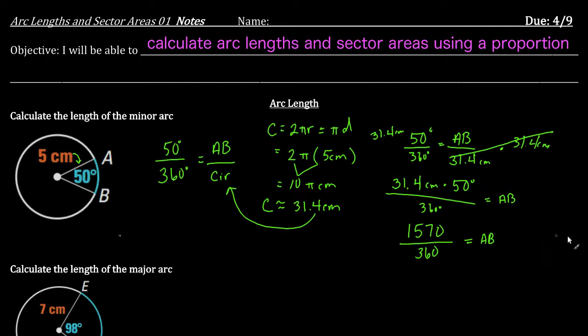If you don't mind, I'm just going to write it over here so I don't run out of room later. So 1570 divided by 360 is approximately 4 and 3/36 centimeters. Let me box that a little better. Alright. Here we go.